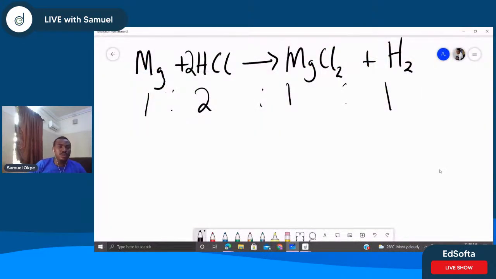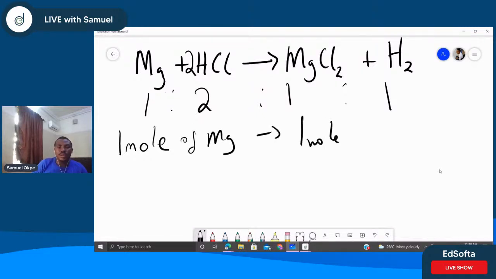We know that this is 1 mole. From our equation, 1 mole of magnesium is going to give us 1 mole of H2. And we know that the volume of gases at STP is always 22.4 dm3.